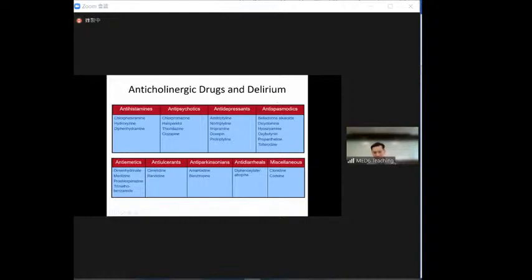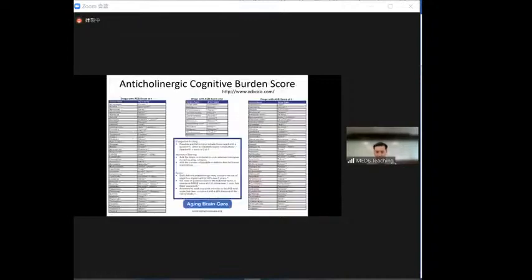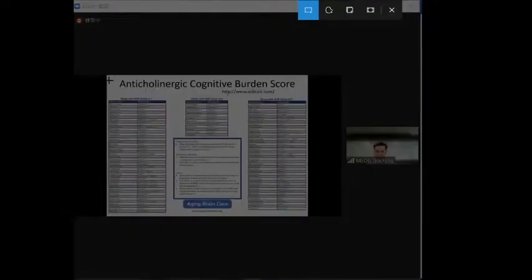Some antispasmodics, of course, and treatment for overactive bladder. So these drugs must be anticholinergic. So this is to try to have some concept about the drugs.